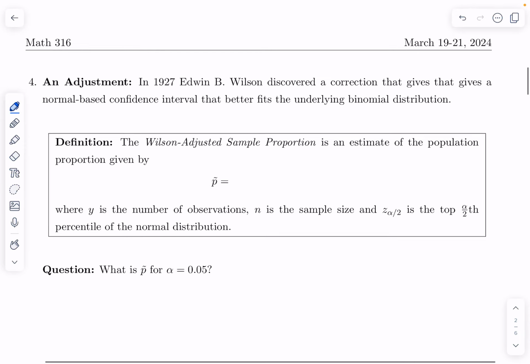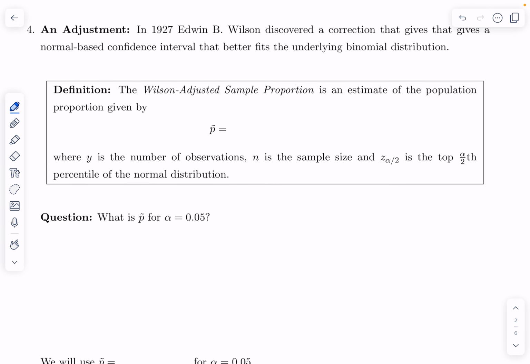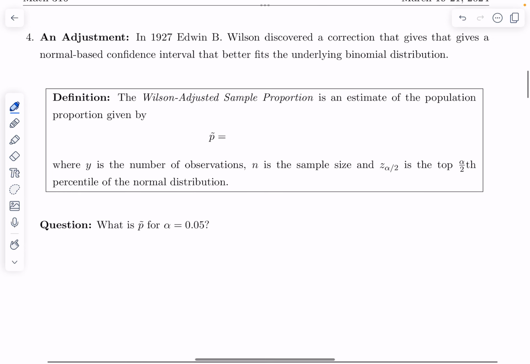So we will consider an adjustment, and this adjustment was made in 1927 by Edwin Wilson, and he discovered a correction that gives a normal-based confidence interval that better fits the underlying binomial distribution. And so the Wilson adjusted sample proportion is an estimate of the population proportion that's given by p tilde.